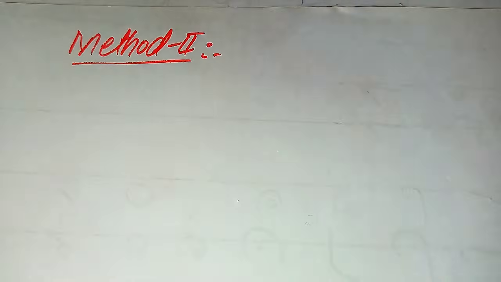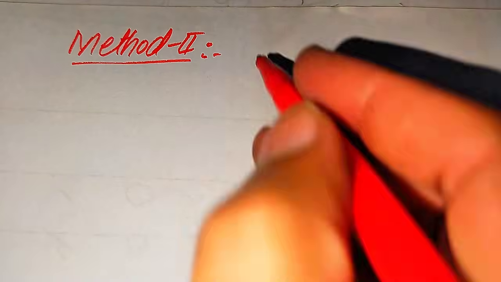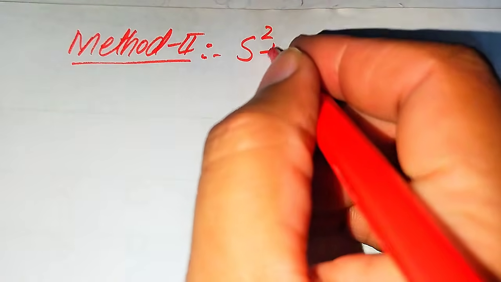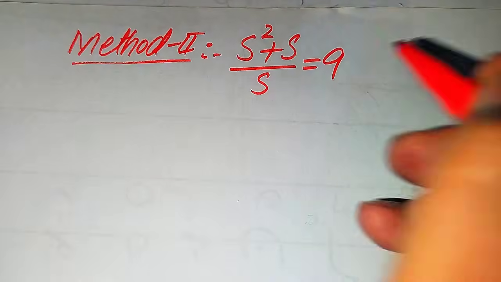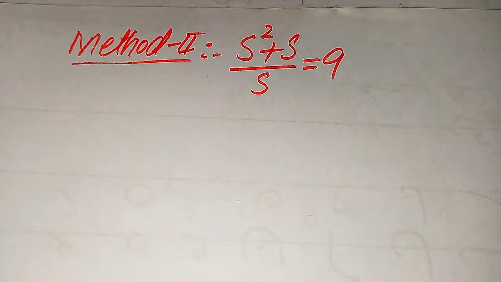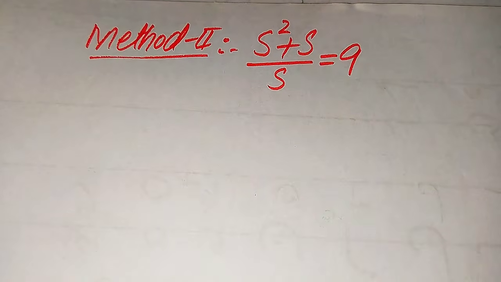In the second method we need to copy down the given question statement, which is (s square plus s) divided by s equals 9. Now I can give you another technique in which you can easily get the roots of this equation.